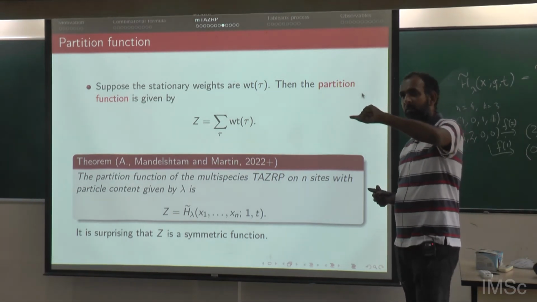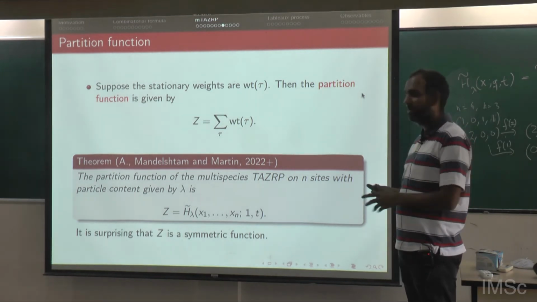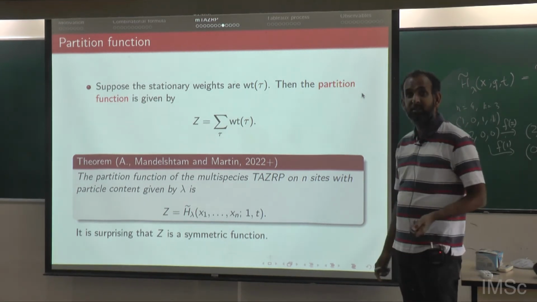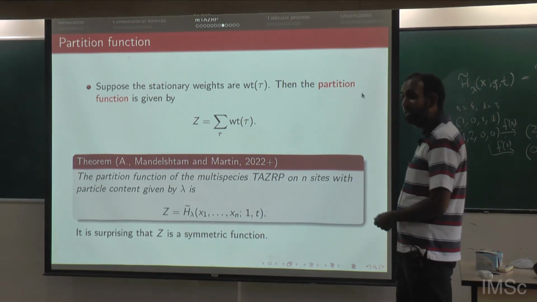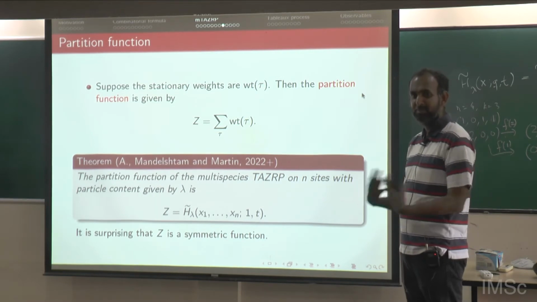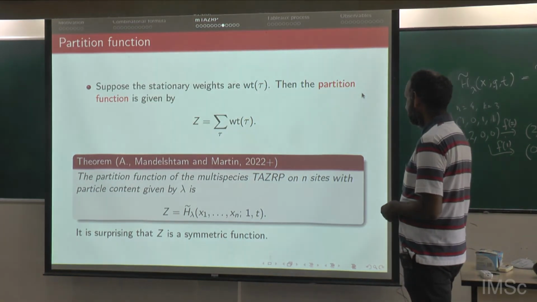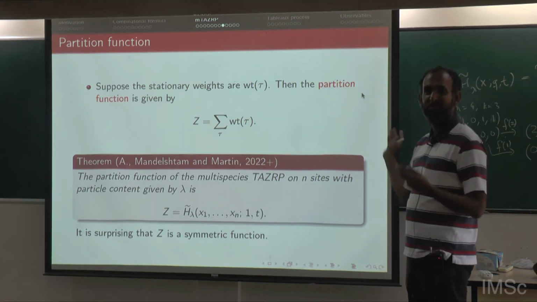I mean, if you shift xi to xi plus 1 mod n, this partition function should be invariant. But this is a fully symmetric function involving all symmetries. So there is something nice going on, which is more than you can expect from Noether's theorem or something.